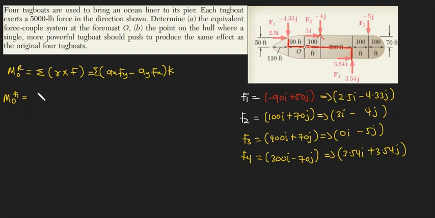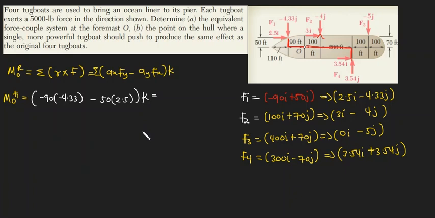So we are going to have minus 90 multiplying minus 4.33, minus ay, which is 50, multiplying fx, which is 2.5, right? So by k.